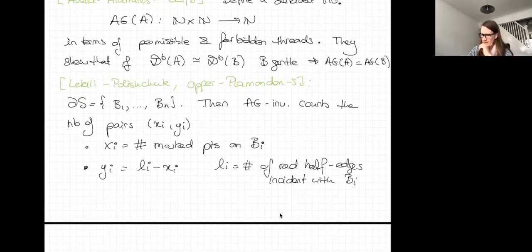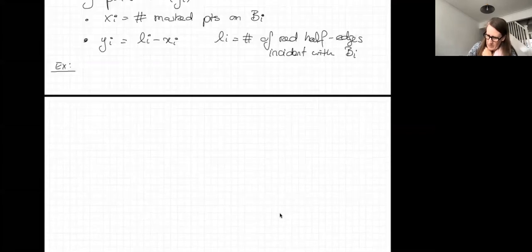So the red half edges, of course, are the edges of the dual ribbon graph. And I'll do an example here, and just to save some time, I'll just give you the AG invariants. Okay, maybe I'll do it on the next page. Here is the surface. We have 1, 2, and then 3.